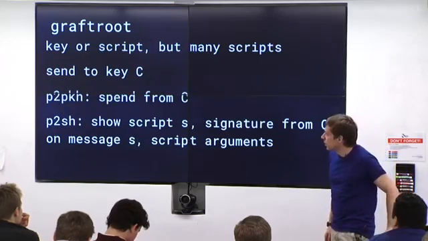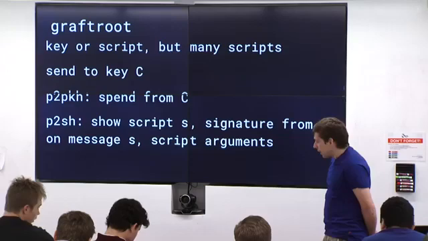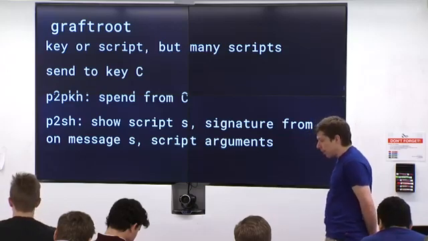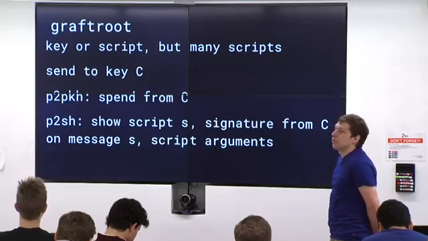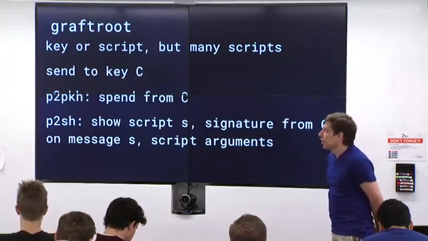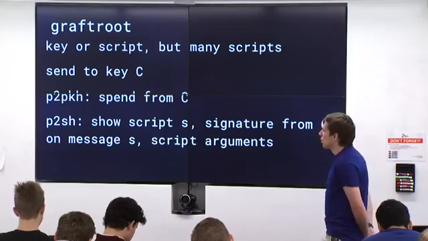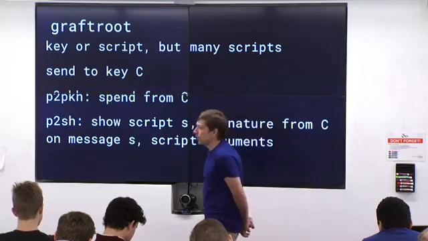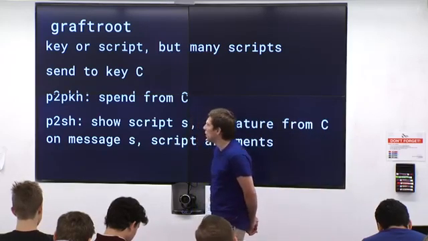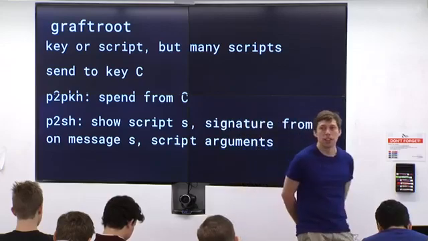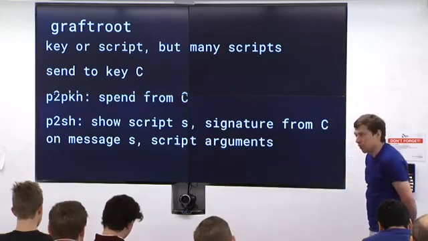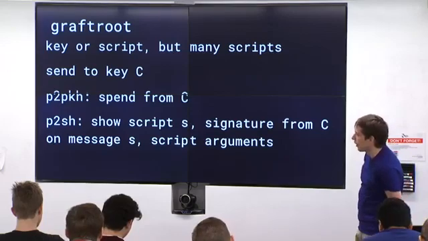Okay, so the idea is, this is called Graftroot. It's similar to Taproot in that it's got sort of two execution paths. You send to a key C, and there's two ways to spend from it. So you can use the regular pay to pub key hash mode, where you're just spending from C. You just sign your transaction with key C, same as in Taproot, same as in regular Bitcoin right now.